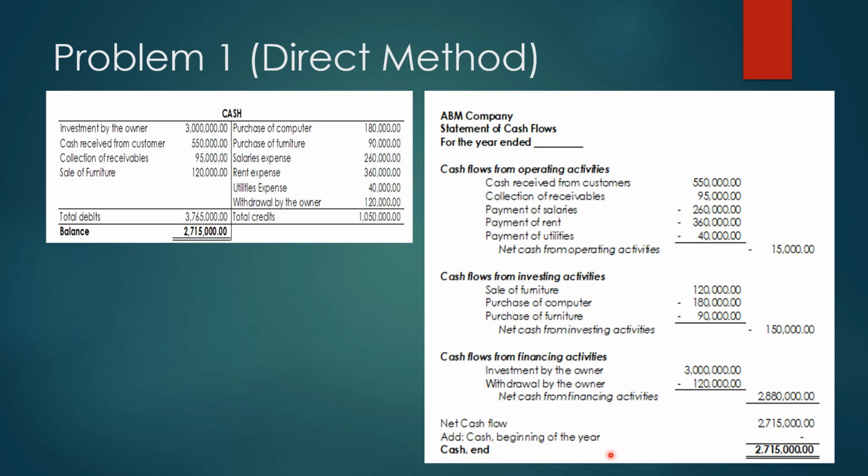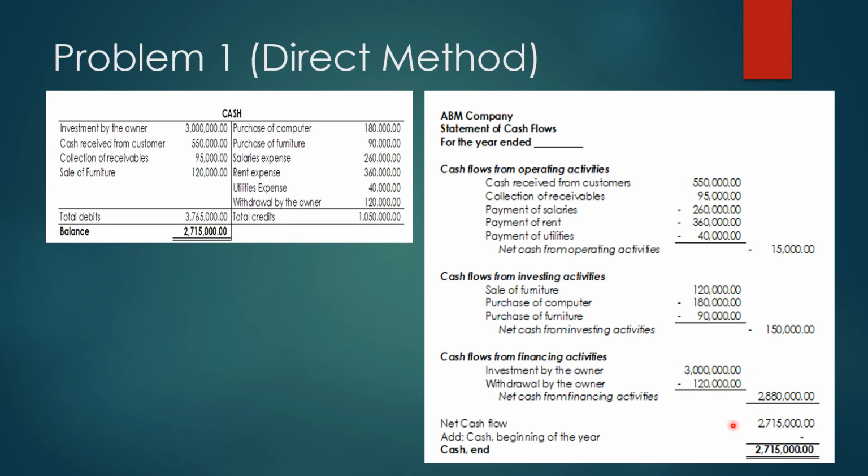What I was telling you earlier: you have to add your cash at the beginning of the year. But since in our problem none was given, it's 0. And your cash ending is indeed 2,715,000. So guys, you have to be careful with this kind of given, because you might ignore the cash beginning. Your answer will be wrong.